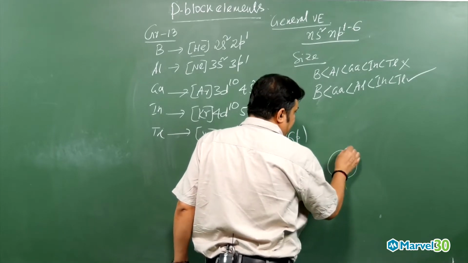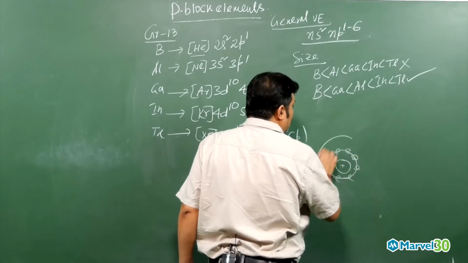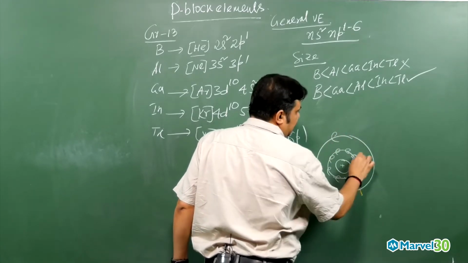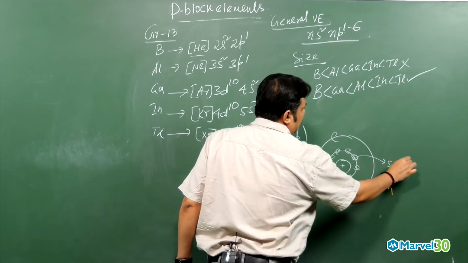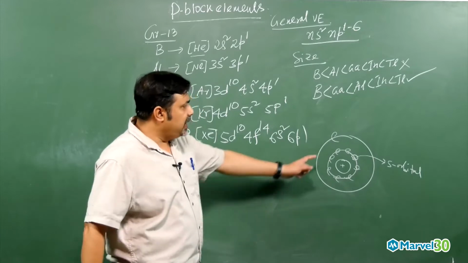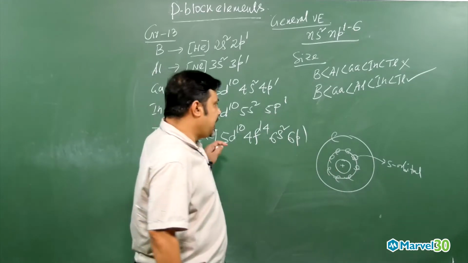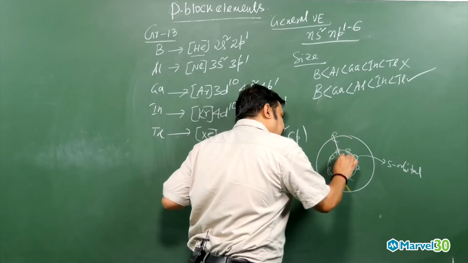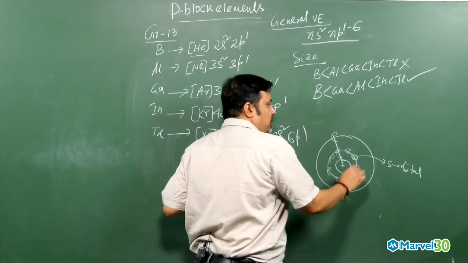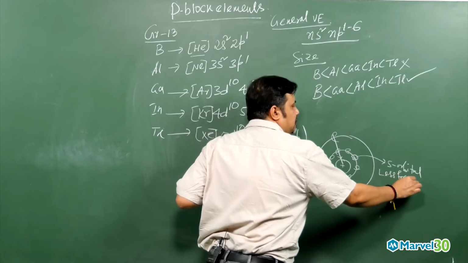If the inside electron is in an s orbital, and this is the valence electron, the s orbital can shield the nucleus properly. That means it can cover the nucleus properly. That is why the attraction of the valence electron to the nucleus will be less.